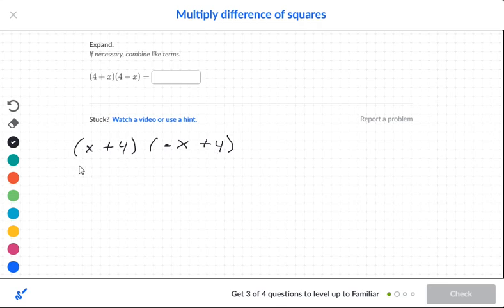So now I want to go ahead and write this as my first, my last, my first, and my last. Because remember, we always go with the letters in front and then we work our way down to the actual single numbers. So I'm going to take the x's here, so this is a positive x and this is a negative x, and then let me write in my double smiles here too.